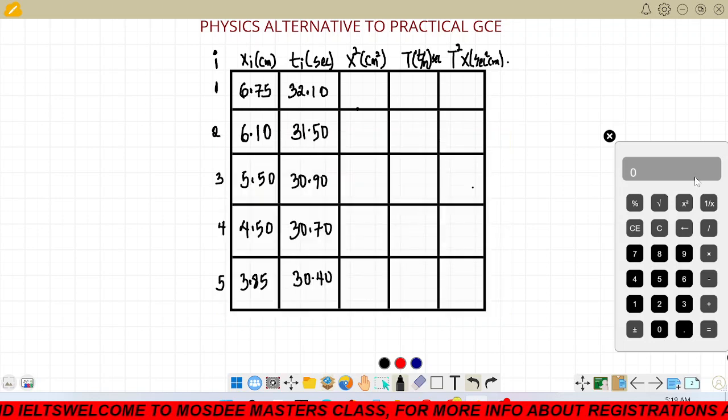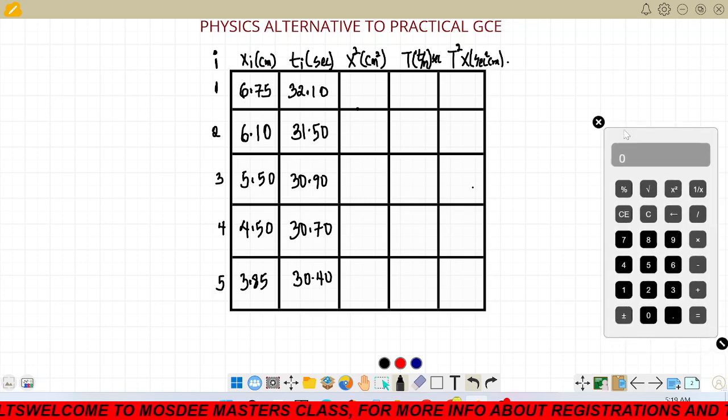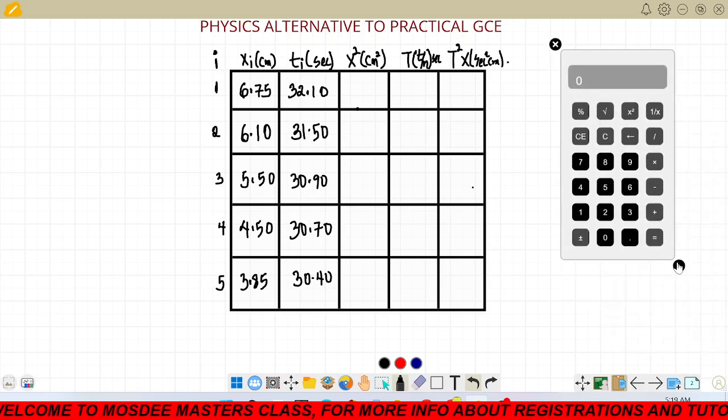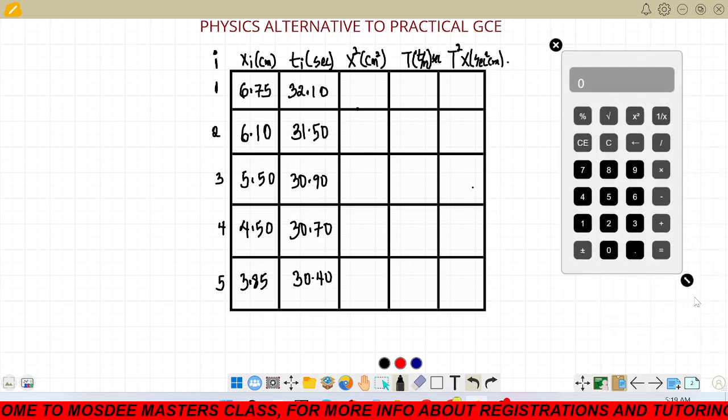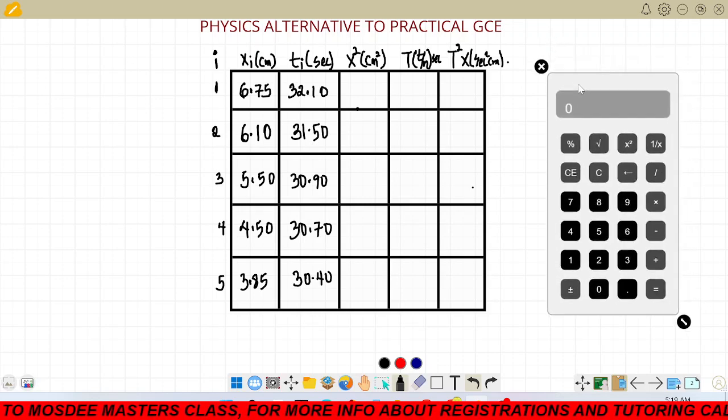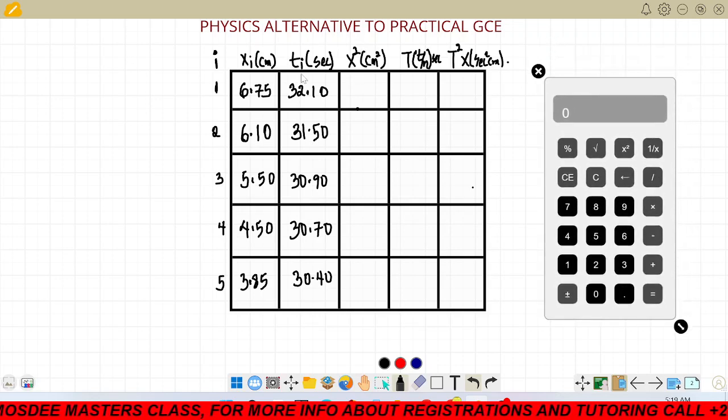So I think we have a calculator right here. Calculator, please move to the center. So here we have this right here. So x squared simply means all values here, I'm going to square them. That is this squared.